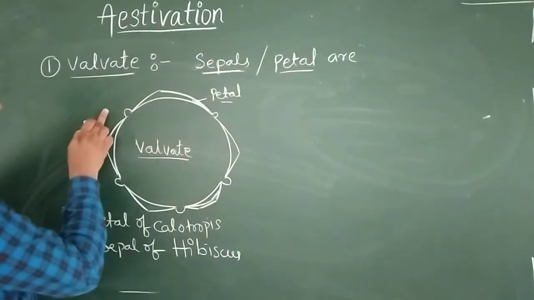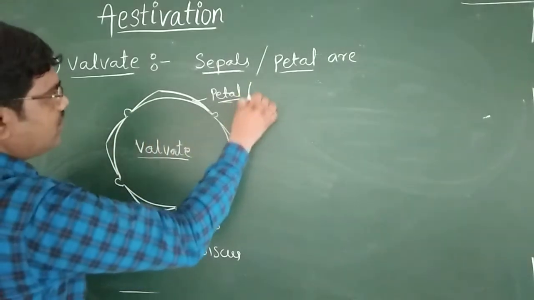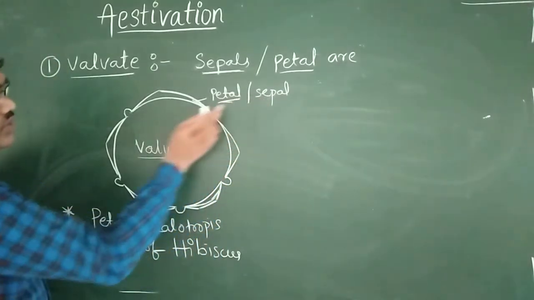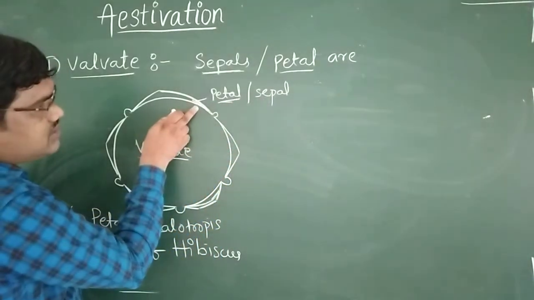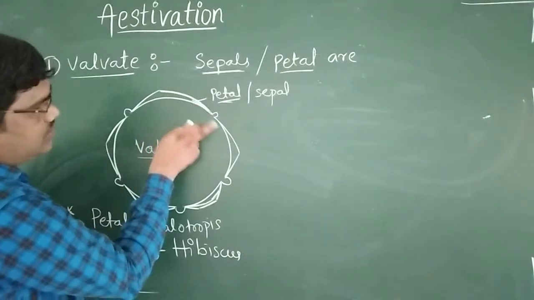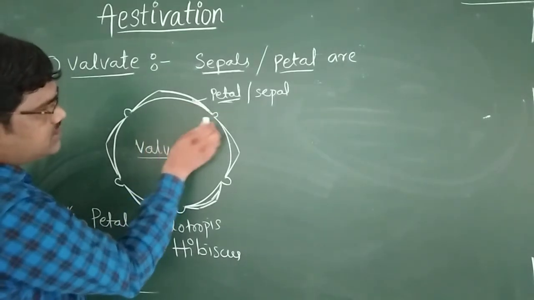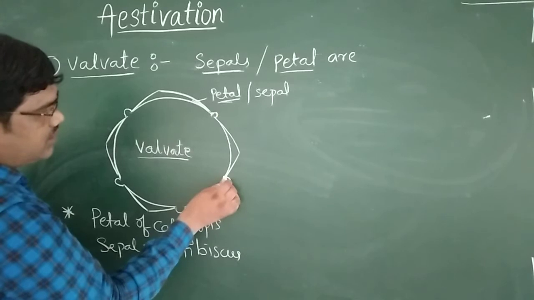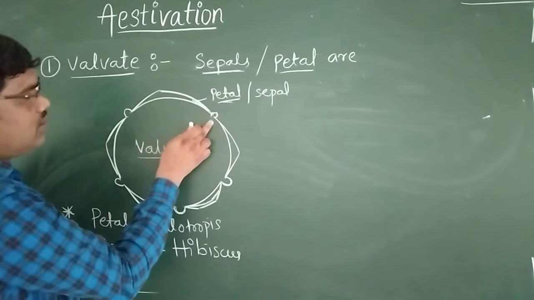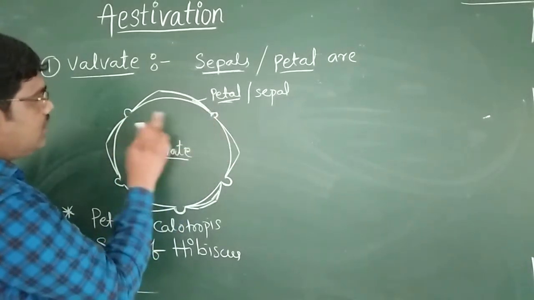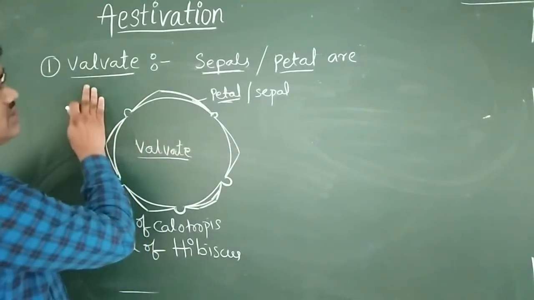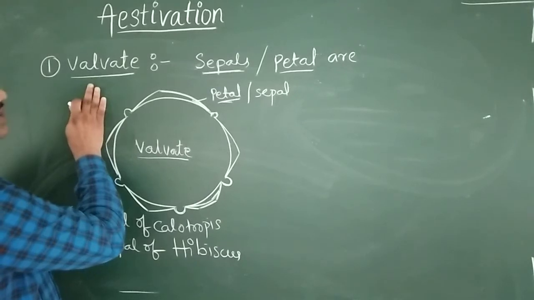In valvate estivation, there are 5 petals or 5 sepals, and each petal margin is very close to the next petal margin, whether the flower is gamosepalous, polysepalous, gamopetalous or polypetalous. So this is the first, valvate estivation.